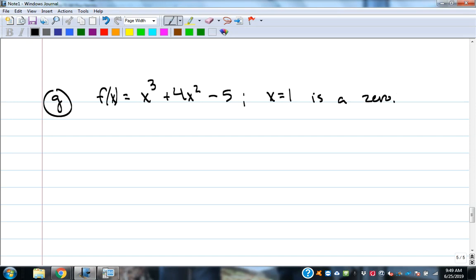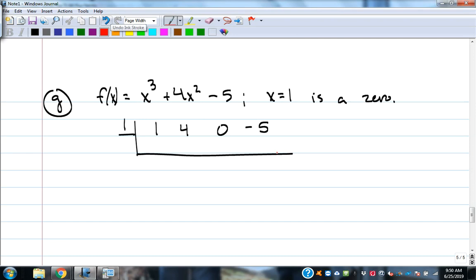This is a problem we've actually already done before, but we're going to go through all the steps here. First step, set up your synthetic division. Put the 1 on the shelf: 1, 4, 0, negative 5. Putting a 0 in there because we had the missing plain x term.